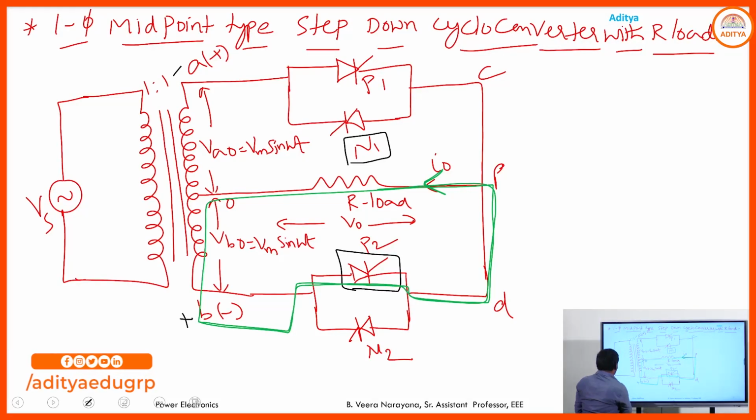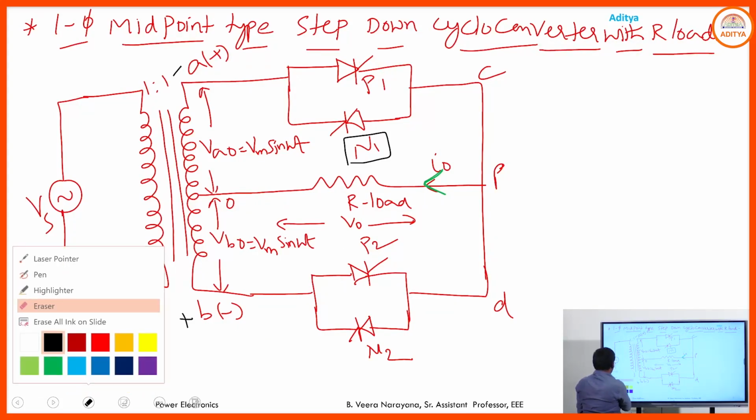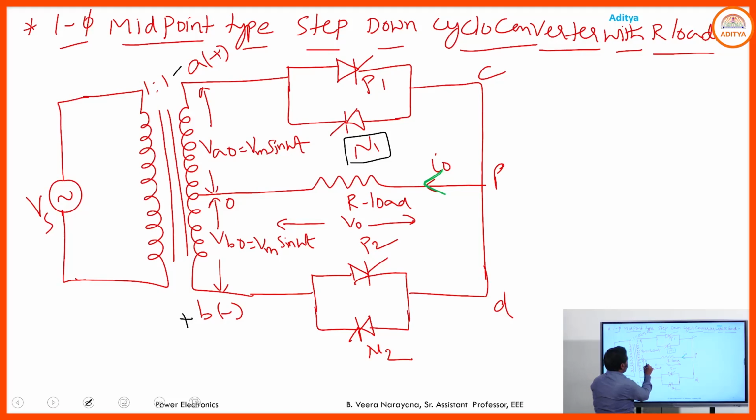If N2 is in the on state, then what is the current flow through the circuit? The current flows through N2 like this: O, R, P, D, N2 and B minus.